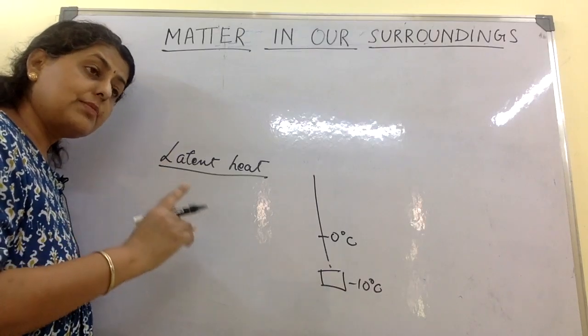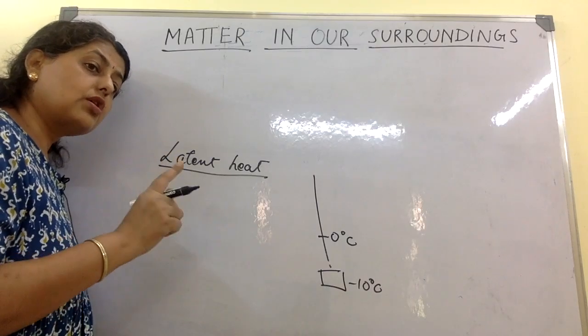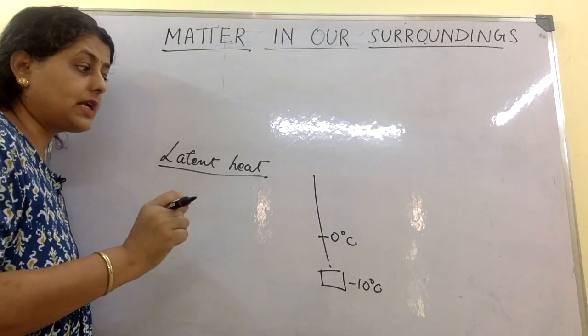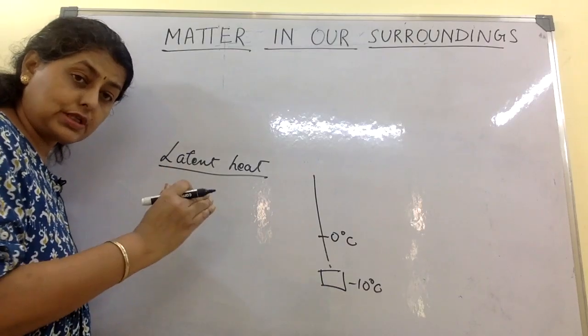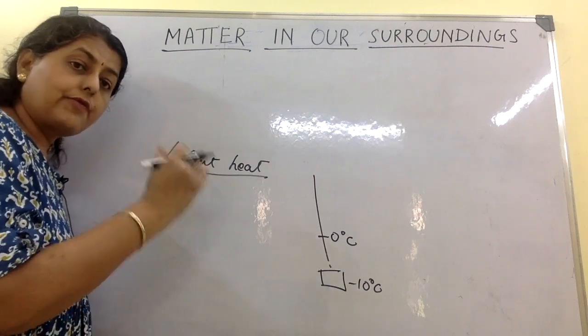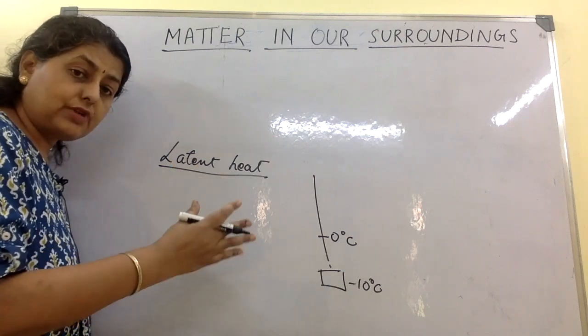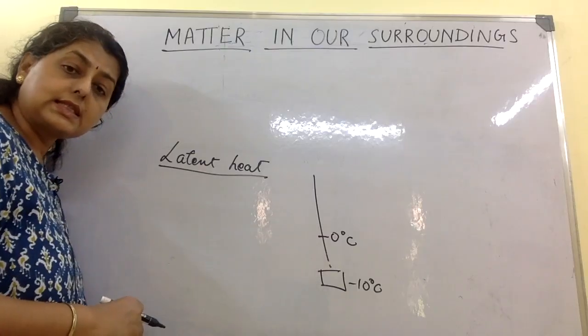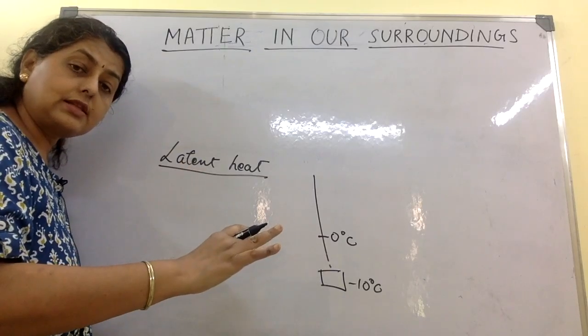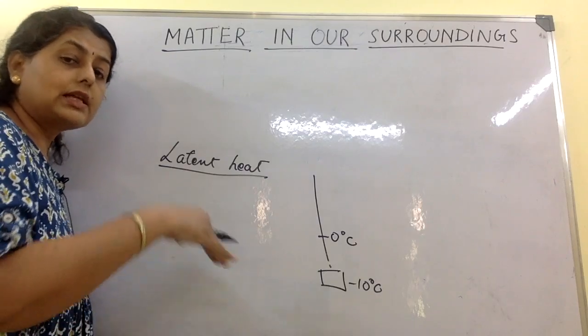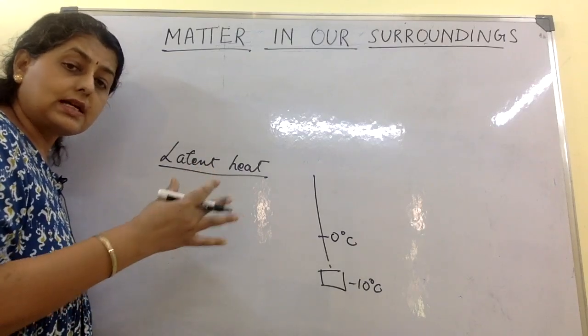The temperature remains 0 degrees as long as even a little bit of ice is left. During the entire change of state from solid to liquid, the temperature remains the same. Once all the ice is water, the temperature starts increasing.